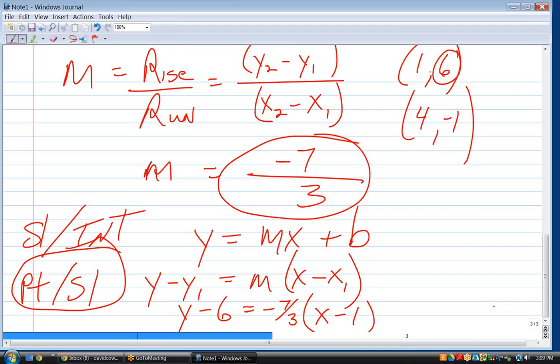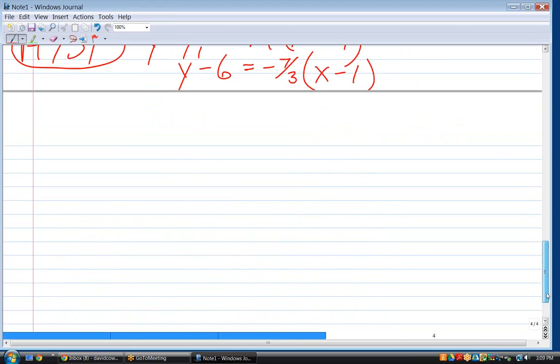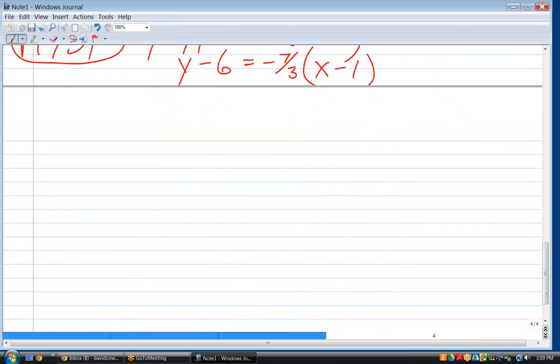Okay. And that's a perfectly acceptable answer as long as they didn't say give it to us in slope-intercept format. In other words, as long as the question was give us the equation of the line, that's a good answer right there. You don't need to do anything else with it. If they said put it in slope-intercept format, then we would need to distribute this and move the 6 over.